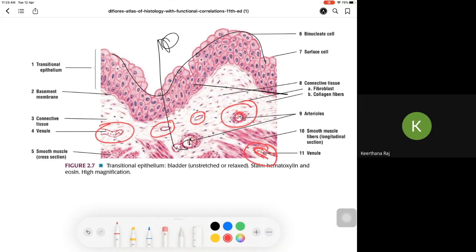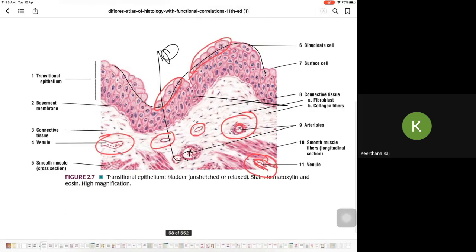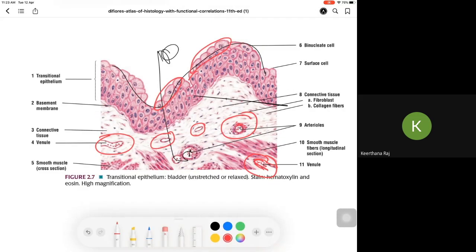And look at the cells on the top. See, one cell is covering more than 2 or 3 cells beneath it. So what can they be called? If a cell is covering more than one cell beneath it, what structure will cover more than one person's head when it is raining?